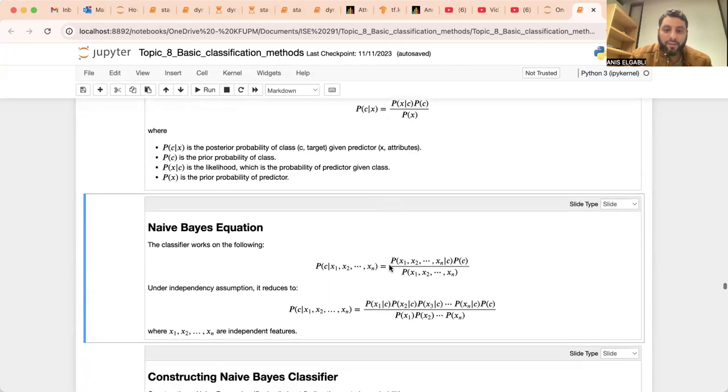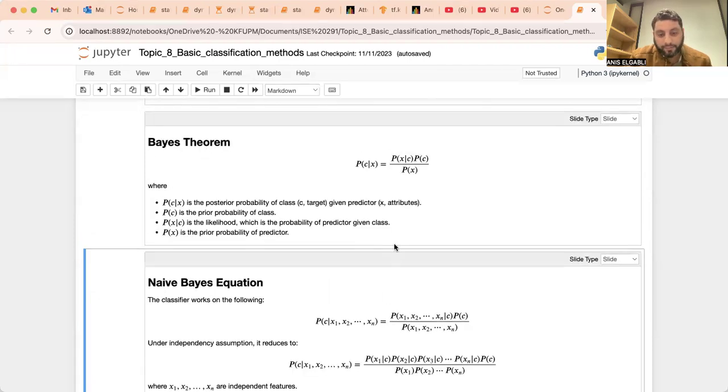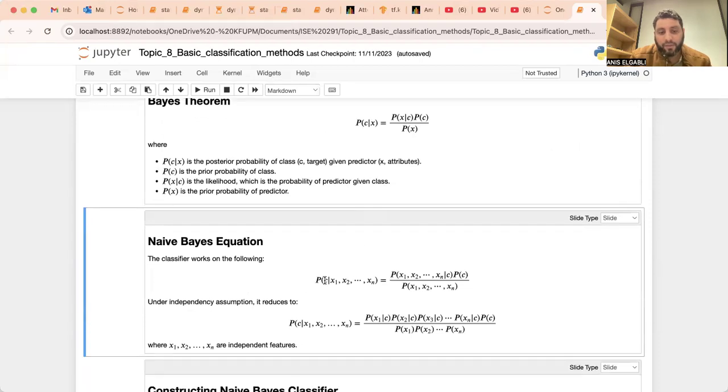So let's look at when we have more than one feature. Then the posterior probability of class C, given all the predictors, will be equal to the likelihood, the probability of all predictors given the class C, times the prior of C over the joint probability of all predictors.